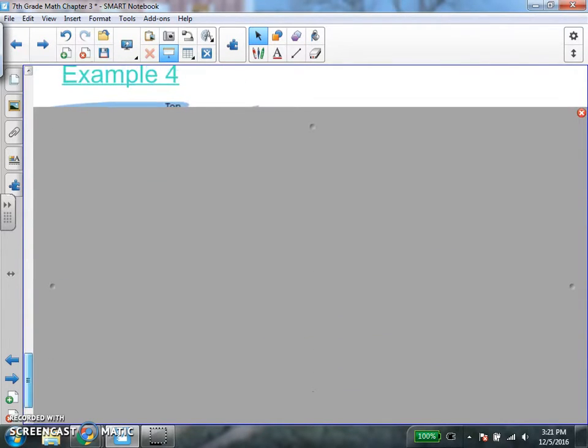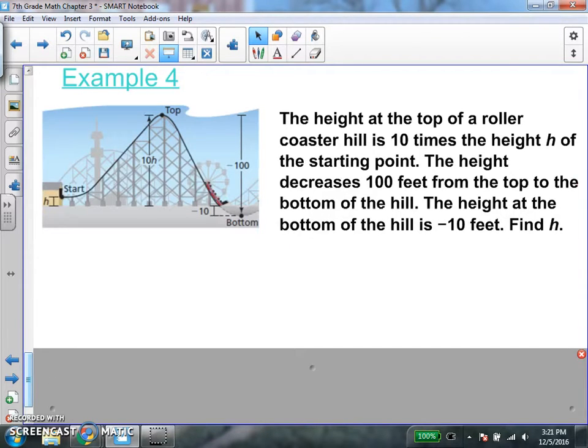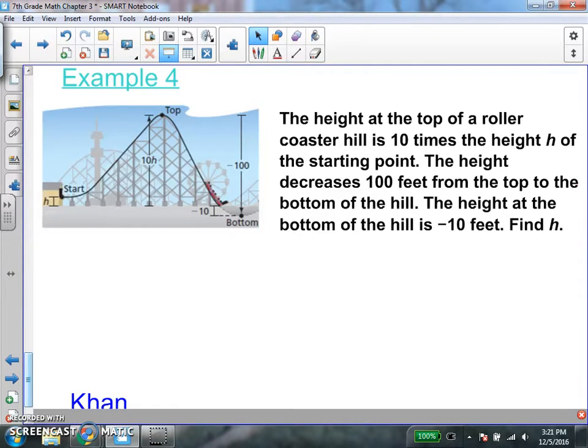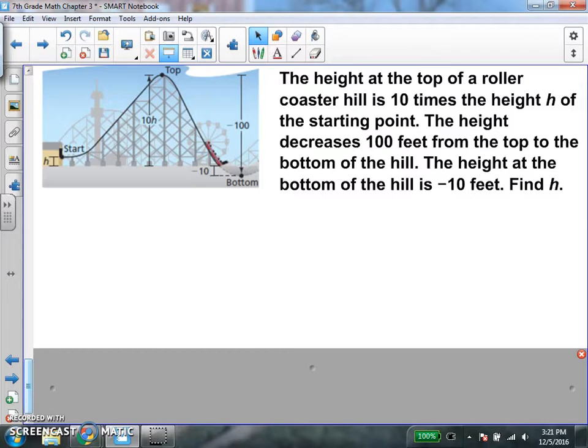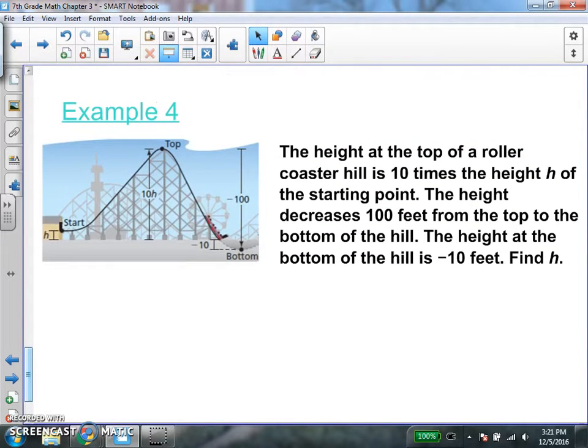Example 4. Talking about roller coasters here. It says the height at the top of a roller coaster hill is 10 times the height h of the starting point. The height decreases 100 feet from the top to the bottom of the hill.